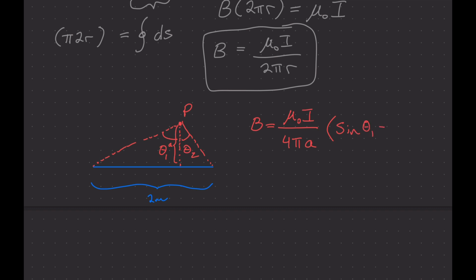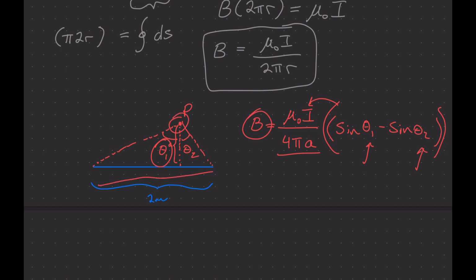So whatever the case is, you can plug in whatever angles you get here. You will just get a number, multiply that number by this, and you'll get the magnetic field at this point due to a finite wire.